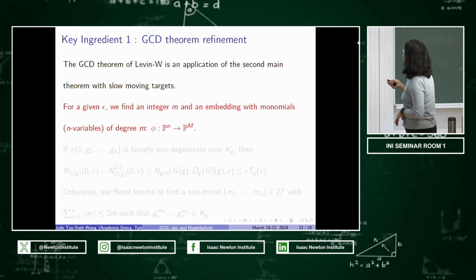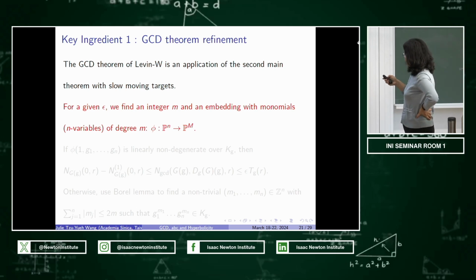Okay. So the thing is, you start with an issue. Then you need to do embedding. So you embed with monomials of degree m. Then you need to carefully choose which monomials have to be involved in here. Okay, then you embed into another projective space.